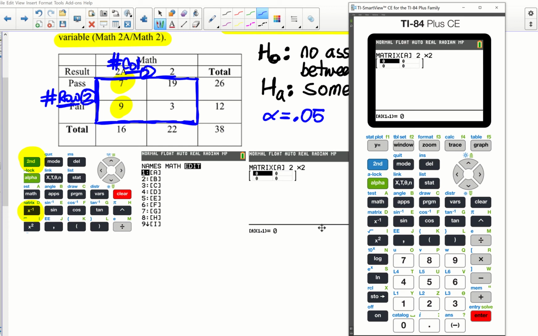Then I'm going to type in the values, 7, 19, 9, and 3, left to right, top to bottom. So 7, enter, 19, enter, 9, enter, 3, enter. Enter after each value, just like you would if you were putting it in a list.